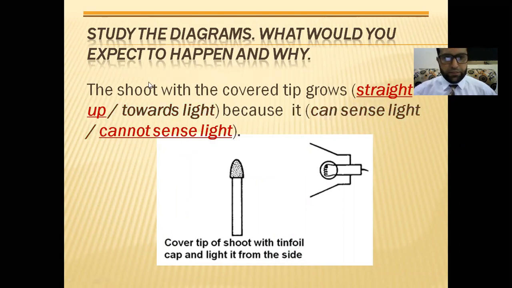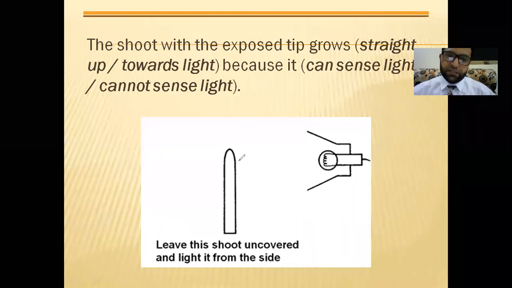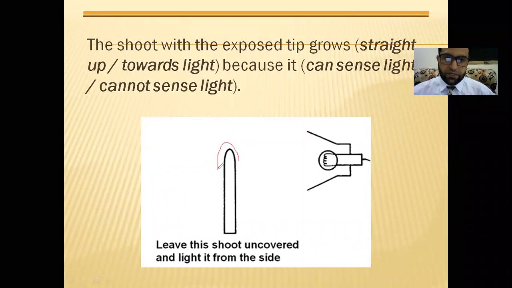Now it's the second experiment. The shoot with the exposed tip grows toward light. Here, this one we did already, right? So this one is another. Now in this case, you can see here the tip of the shoot is not covered with tin foil. It's not covered.